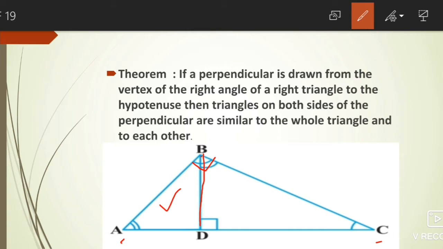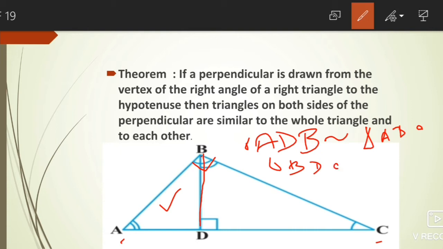Triangle ADB will be similar with triangle ABC. Again, triangle BDC will be similar with triangle ABC. And also they are similar to each other.